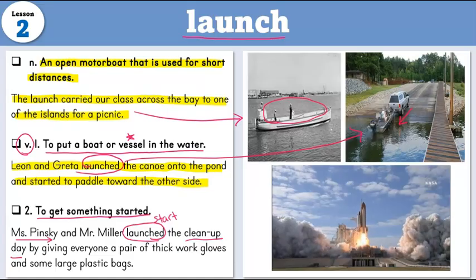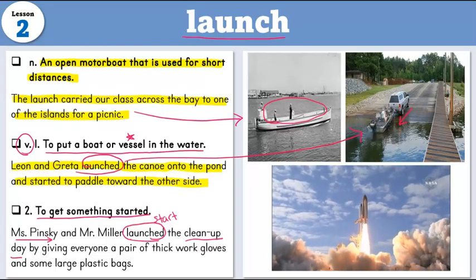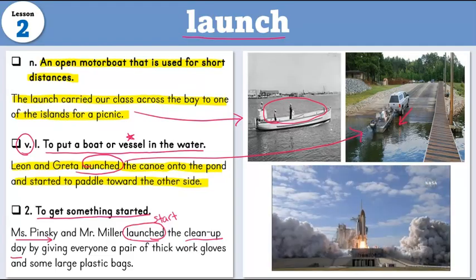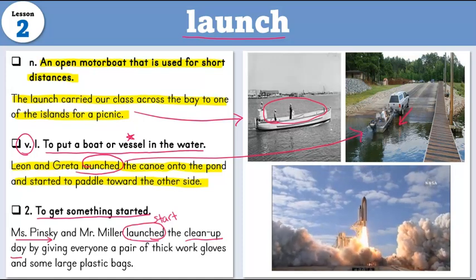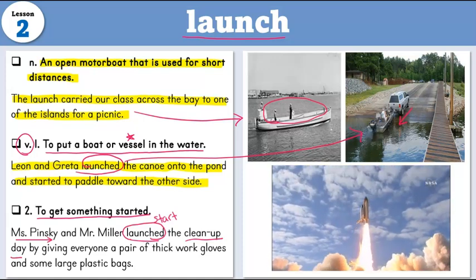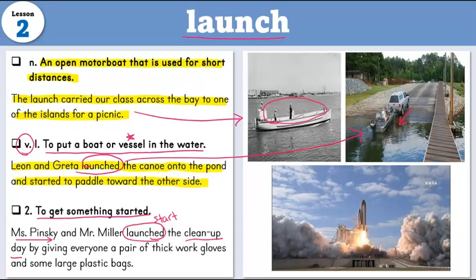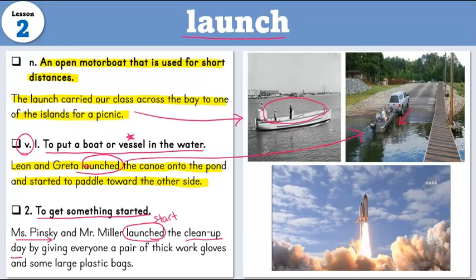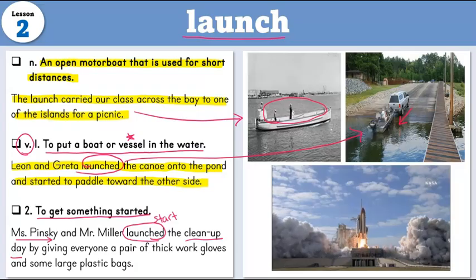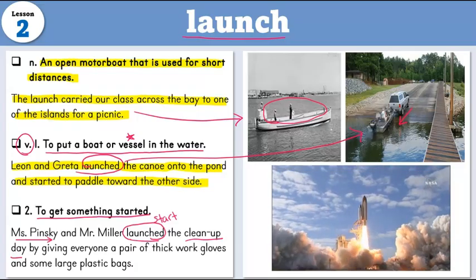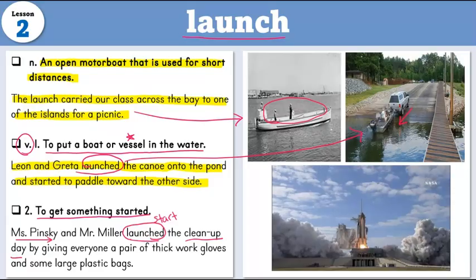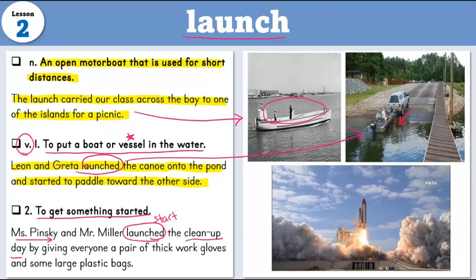Another example would be the company plans to launch a new game. So they're planning to start a new game. Or if someone starts speaking right away when they're doing a speech, I could say he launched into a speech as soon as he got on the stage.